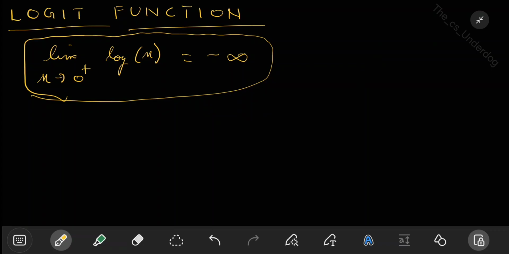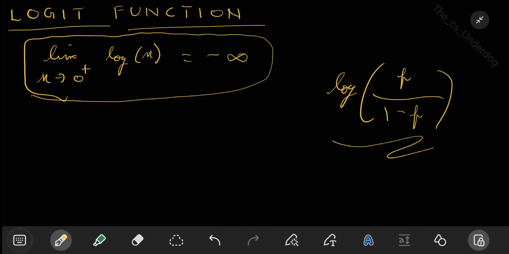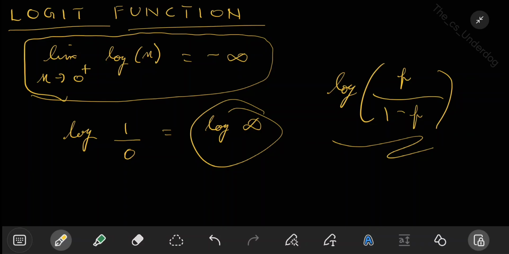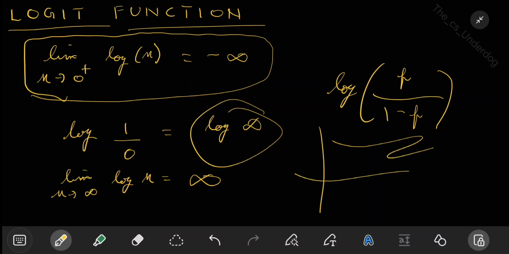At the same time, this is the logit function, log of p by 1 minus p. If you give the value p equal to 1, what will happen? It will be log of 1 divided by 0. That will be log infinity. So what is log infinity? Again, if you do limit x tends to infinity of log x, you will get infinity. Why is it so? Because in the graph of log x, if you take very large values of x, you will see the value of log x also keeps increasing and increasing.